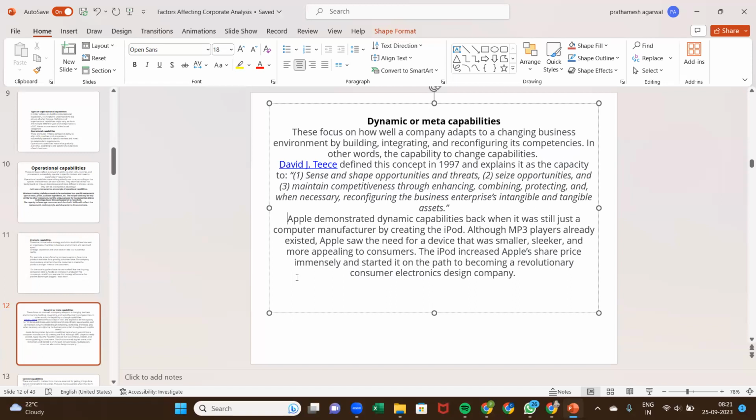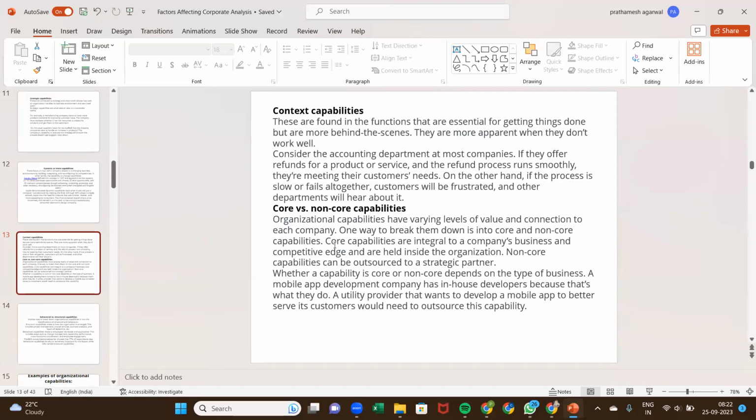It sensed the market and tried to make something very small, sleeker, and portable, suited to the needs of the customers. The iPod increased Apple's share price immensely and started it on the path to become a revolutionary consumer electronics design company. Okay.